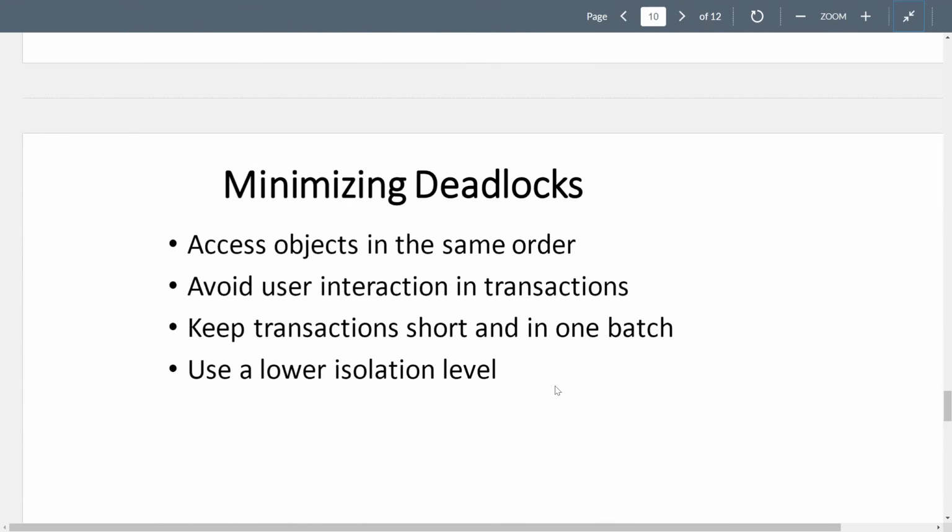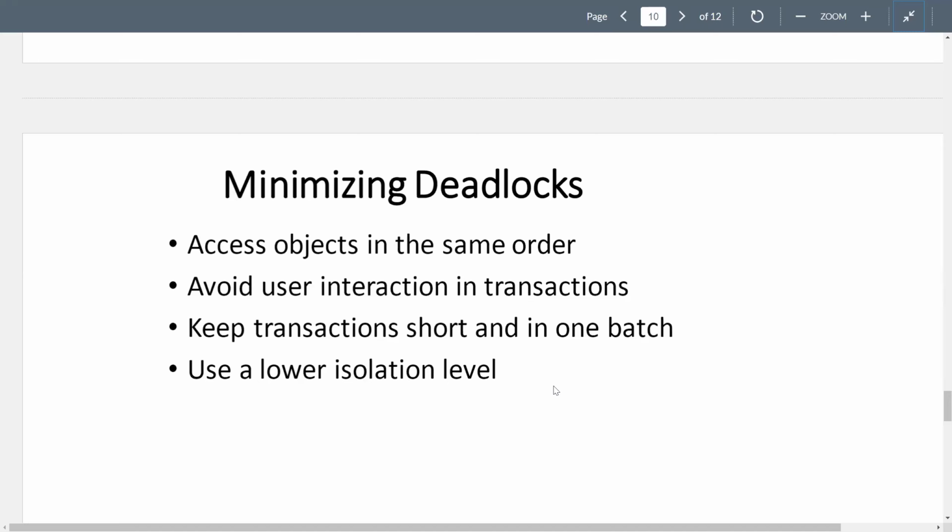And there are ways that we can use to avoid deadlocks. So for developers, in your code, if you have several transactions needing the same resources to complete, you want to make sure in your code you lock up or acquire the resources in the same order.